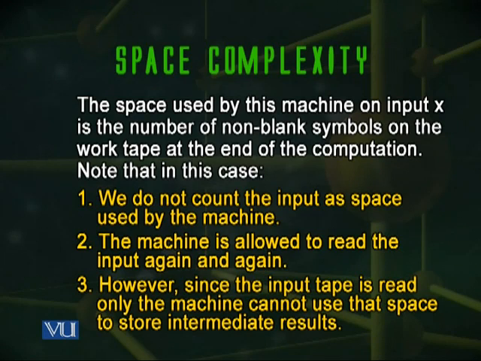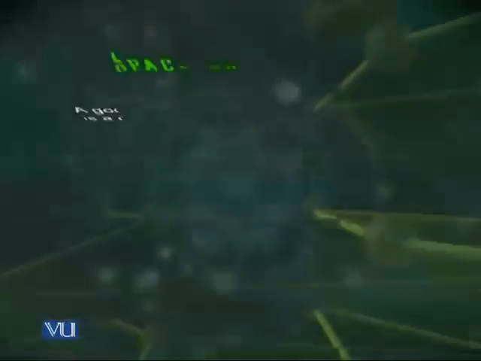The reason for only counting the space used by the machine on the work tape is, we will see later, that this allows us to define meaningful complexity classes which require sublinear space. This comment will become clearer as we go through these lectures on space complexity.